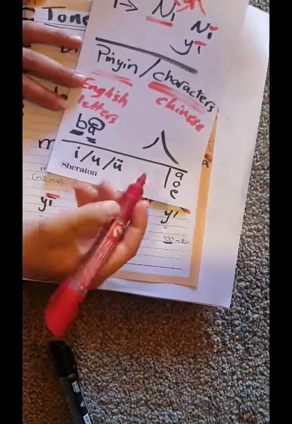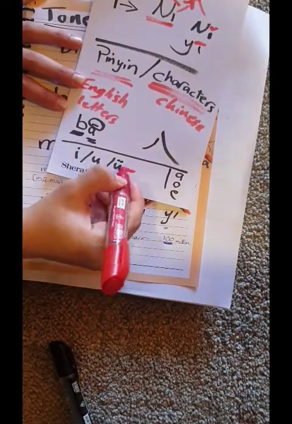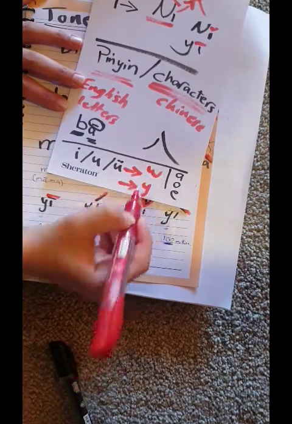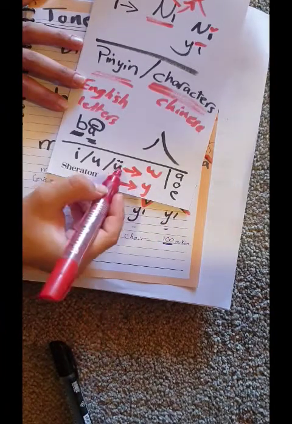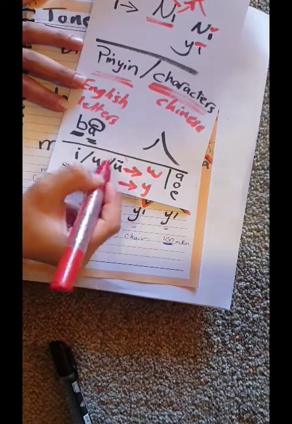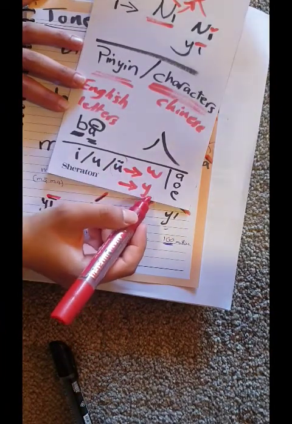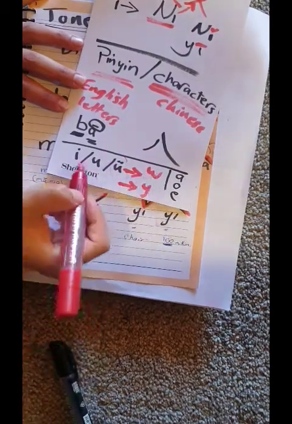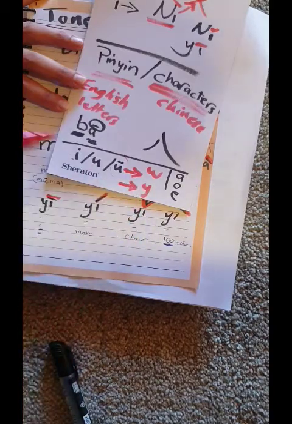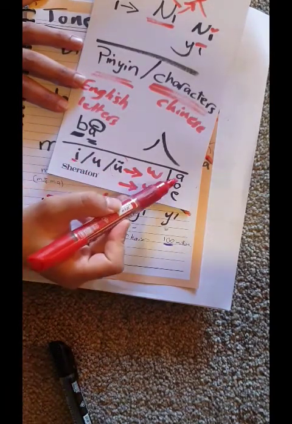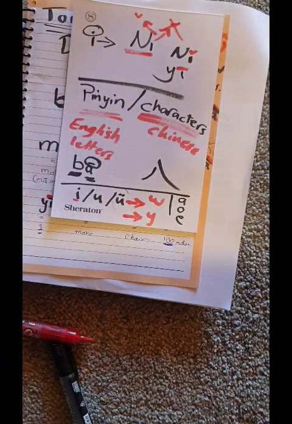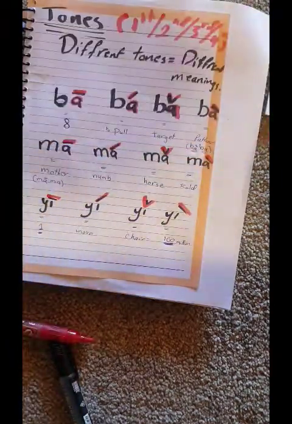Whenever you see them alone, they immediately come with 2 things, w and y. And whenever I told you the ü comes with the y, it comes without the 2 dots. But here you can find the 3 of them coming with the u or e. You never saw them alone, but the a, o, you might see them alone. That's it for today, guys. If you have any question, you are so welcome to ask me.